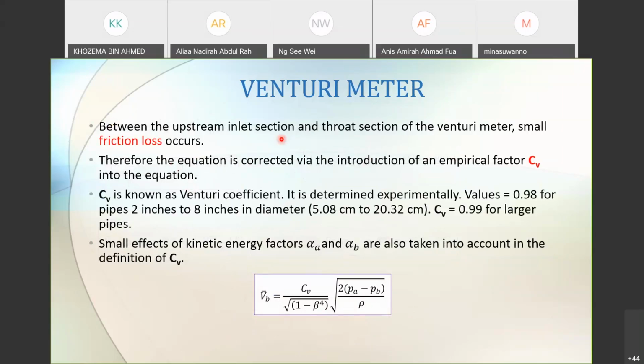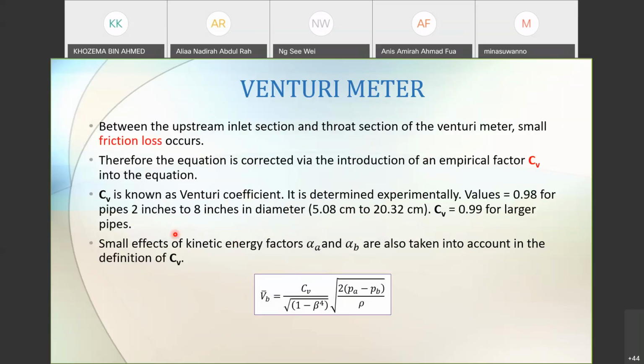So between the upstream inlet and the throat section, there will always be a small friction loss. Now this friction loss is corrected in the equation by introducing an empirical factor known as CV, which is the Venturi coefficient. Usually the Venturi coefficient value will be around 0.98 to 0.99 depending on the diameter of the pipe.